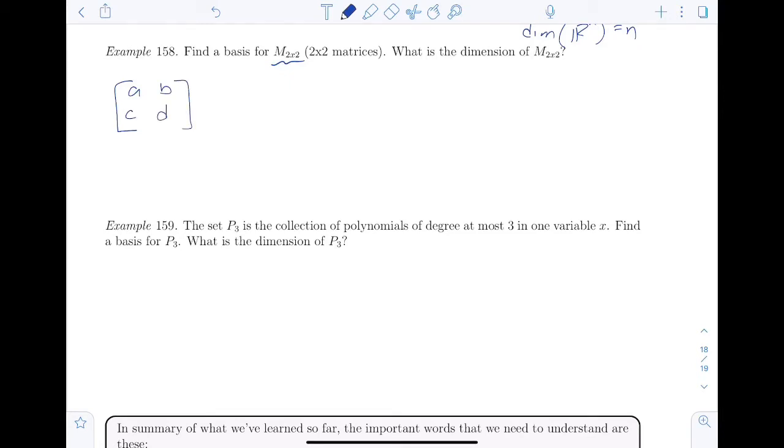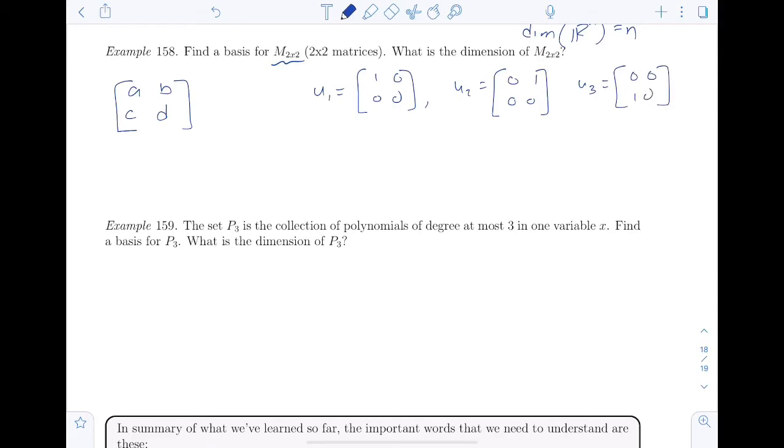Okay, so let's say that my first vector, let's call it u1, is going to be 1, 0, 0, 0. And u2 is going to be 0, 1, 0, 0. u3 is going to be 0, 0, 1, 0. And u4 is going to be 0, 0, 0, 1.